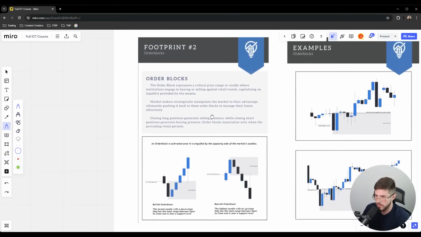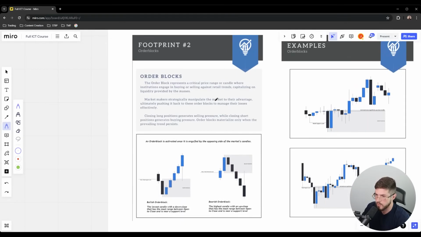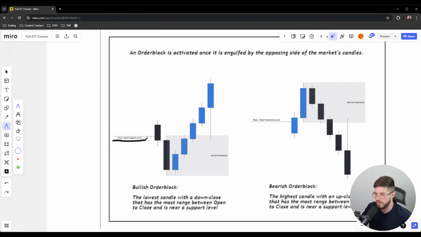So order blocks are going to be critical price ranges where institutions engage in buying or selling against retail trends, okay? So remember we talked about taking out liquidity. If the overall institutional bias is bullish, the big dogs want to push price under a low, they're going to have to sell and create that manipulation in order to do so. So if the market pushes all the way down here and they're selling, they're going to be in sells that are underwater because their main position is buys.